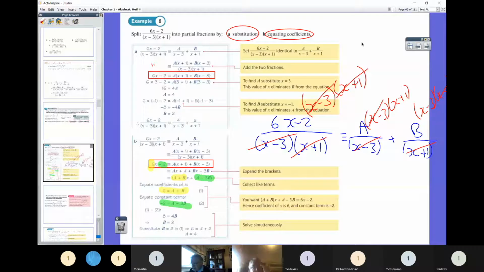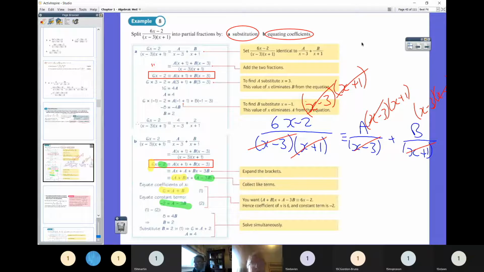So here's example 8. We're going to split 6x minus 2 over x minus 3, x plus 1. Whichever way you're doing it, whether by substitution or equating coefficients, the first couple of steps are the same. You set the scene: that's always equal to a over x minus 3 plus b over x plus 1.